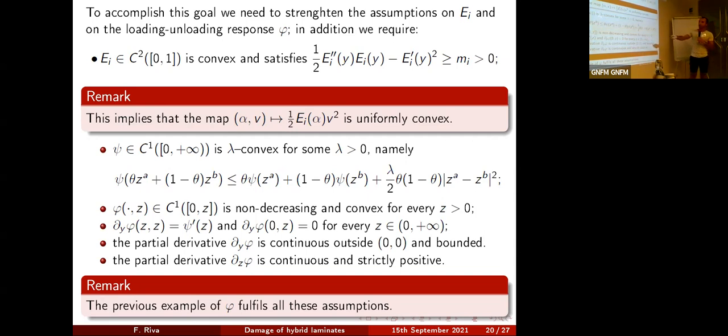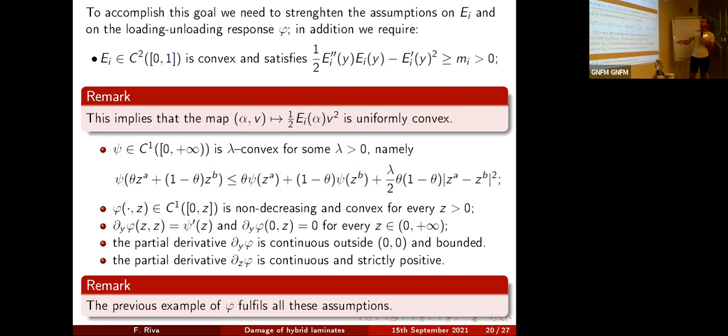But if we add to it a parabola times a certain parameter lambda, then it becomes convex. This is lambda convexity. And every regular function is actually lambda convex for some suitable lambda.